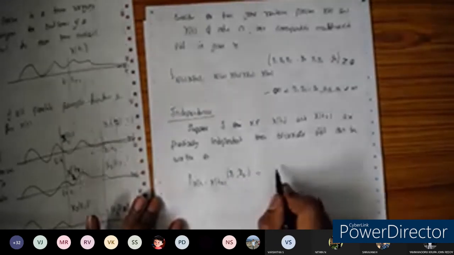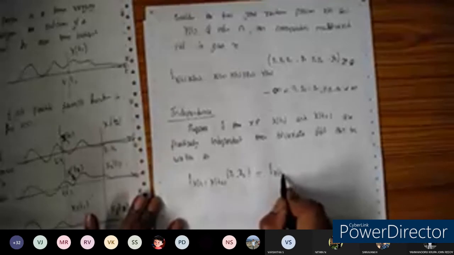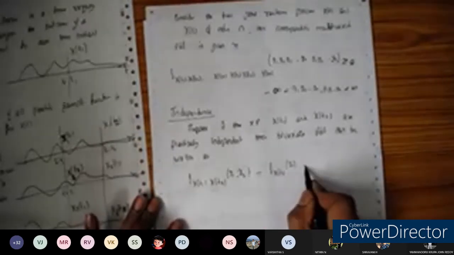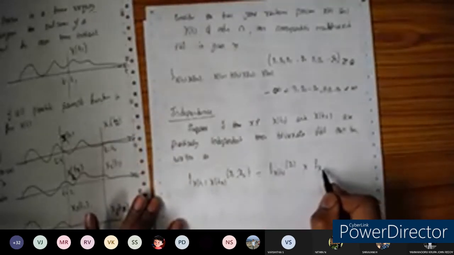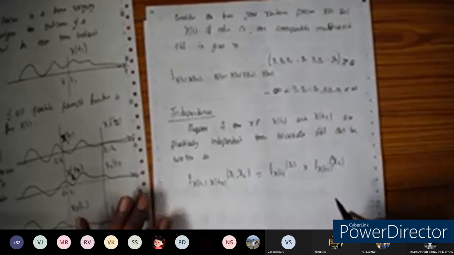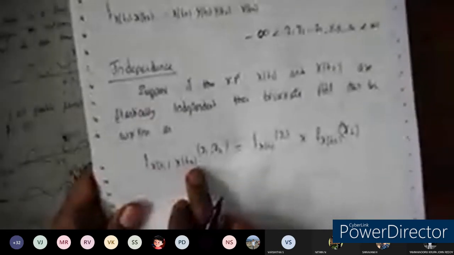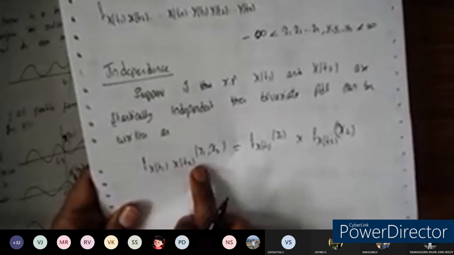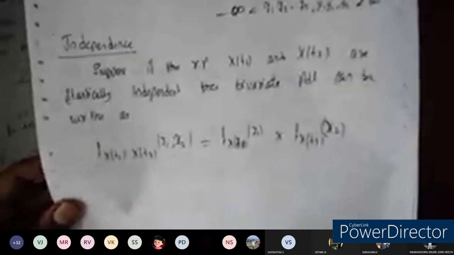For statistical independence, we can write it as f of x of t1 at x1 times f of x of t2 at x2. So this joint, bivariate random process can be defined as a product of the two individual PDFs, if they are statistically independent.